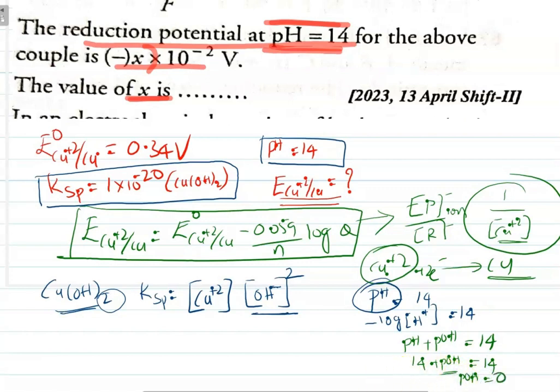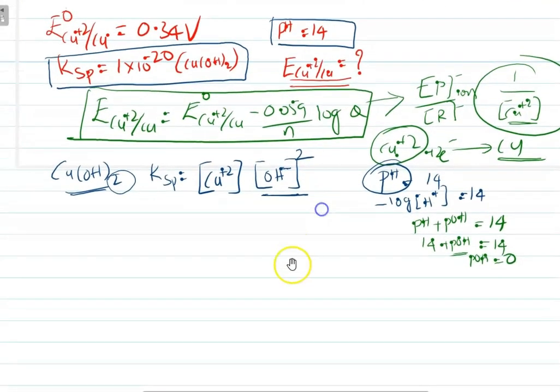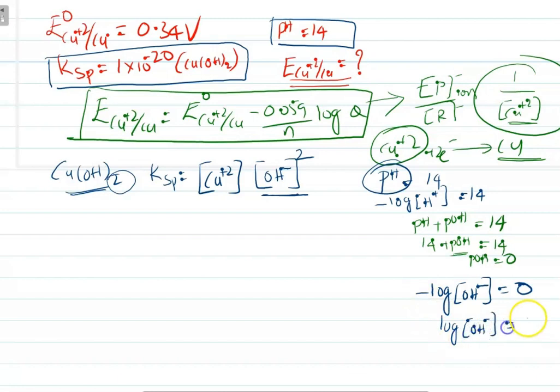So when pOH is 0, let's take pOH is 0. Then what is pOH? pOH is nothing but the negative logarithm of the OH- ion concentration. You got it as 0. So when you send this to the other side, it becomes log[OH-] is equal to 0. There will not be any minus, 0 plus 0, so it is 0 only.